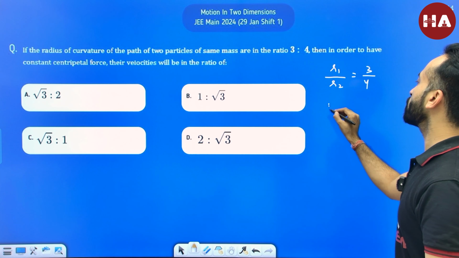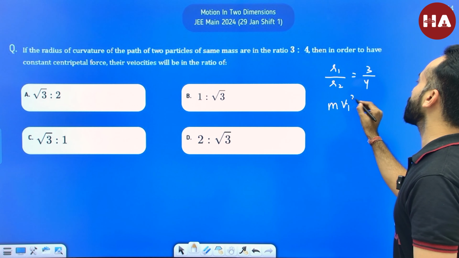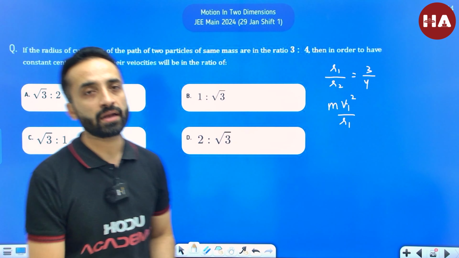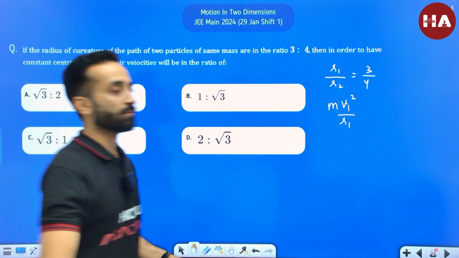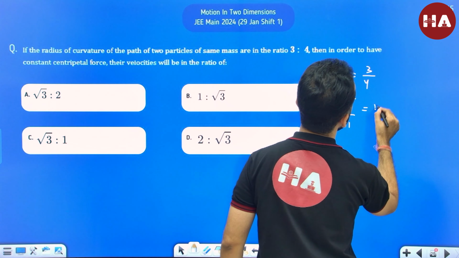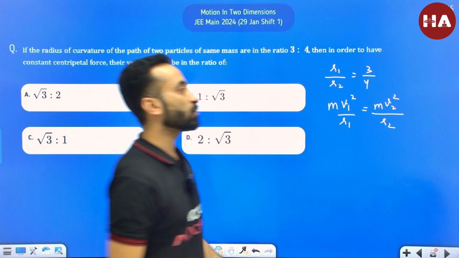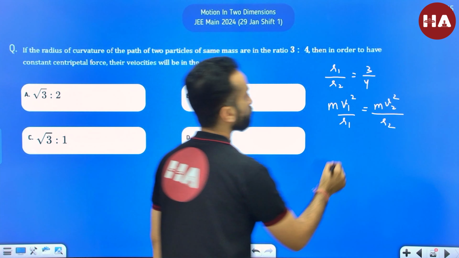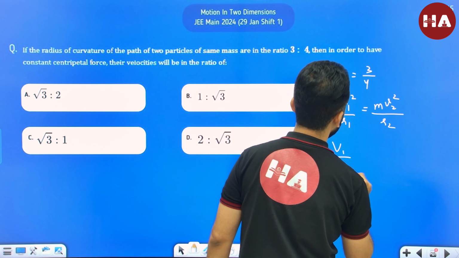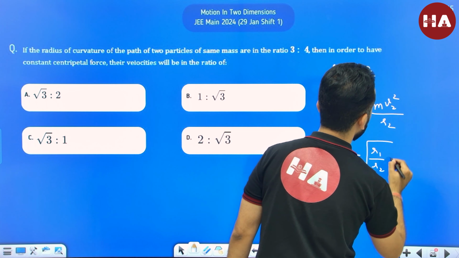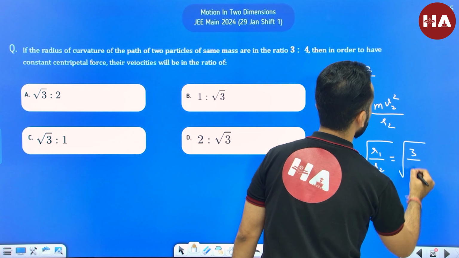Now what is the formula for centripetal force, my dear students? Since centripetal acceleration is like v square by r, so centripetal force is going to be like mv square by r. So mv square by r is equal to mv square by r. That's what I am doing. So v1 over v2 is equal to under root of r1 over r2, so under root of 3 by 4.